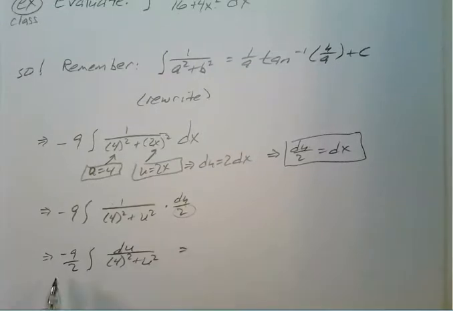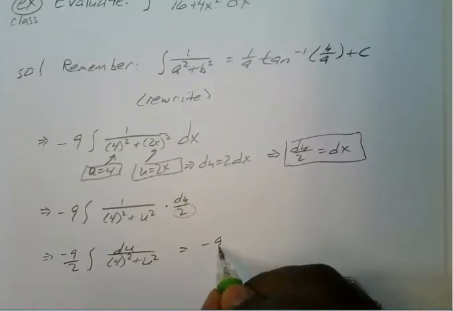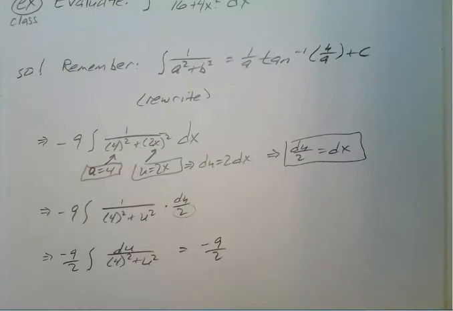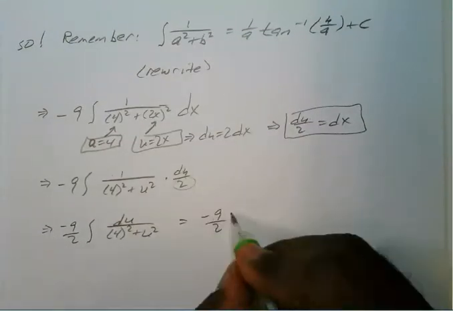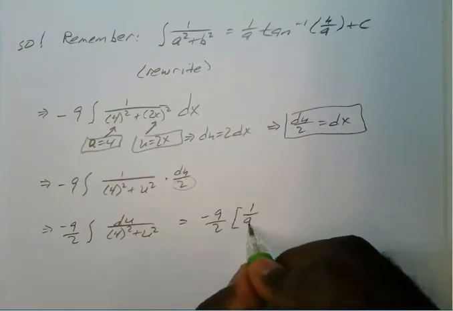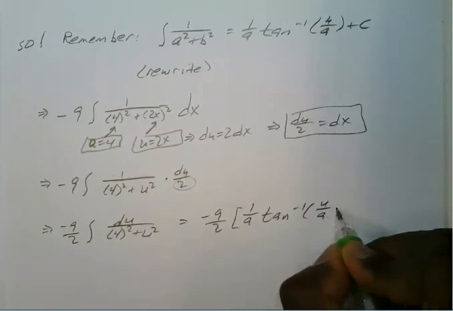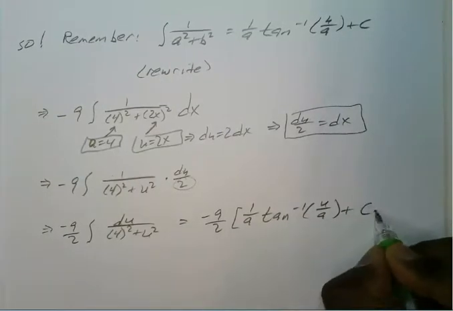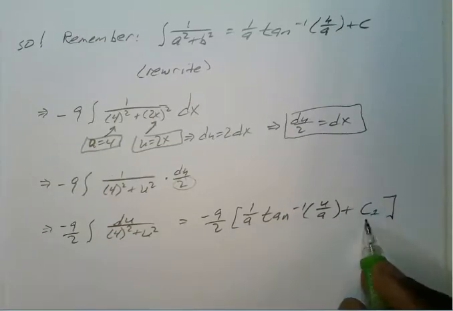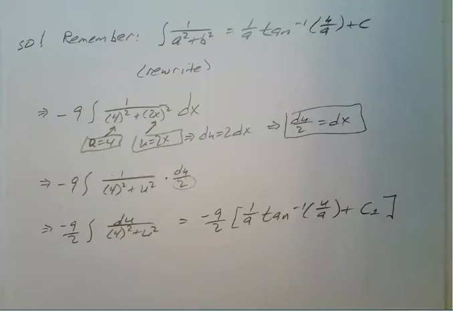And we know that's equal to negative 9 over 2. Don't forget that coefficient there. Times 1 over a tangent inverse of u over a plus c, or we'll call that c1. That step really isn't necessary, but just trying to be thorough.